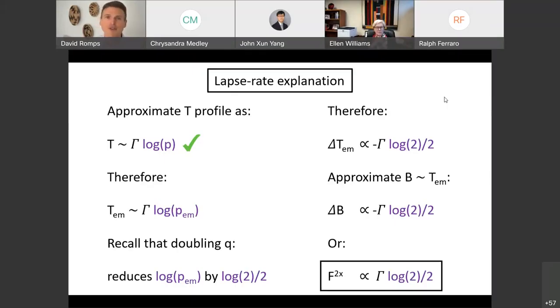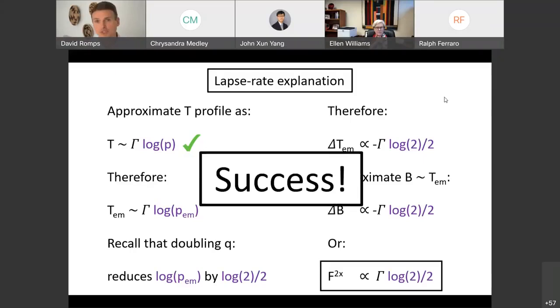So every doubling of CO2 will give you the same addition to the total forcing. And so, success. We've explained why we get the same forcing for every doubling of CO2, or effectively why we get log scaling for the total forcing from carbon dioxide.